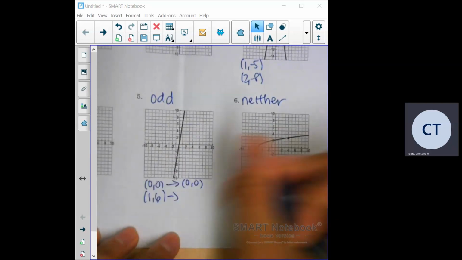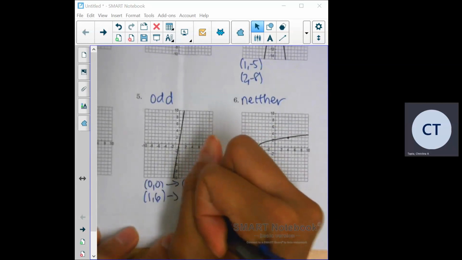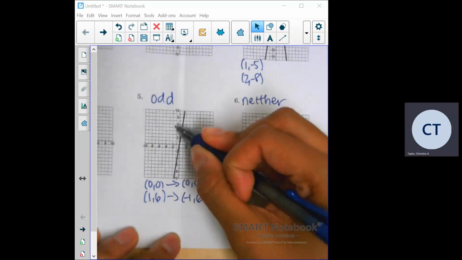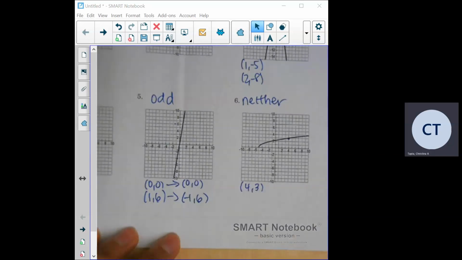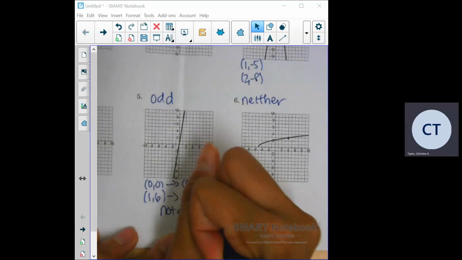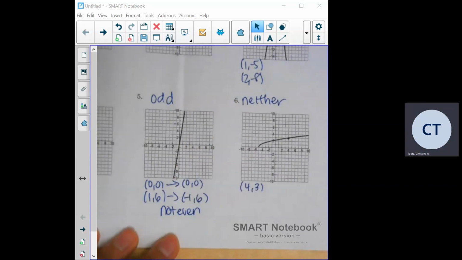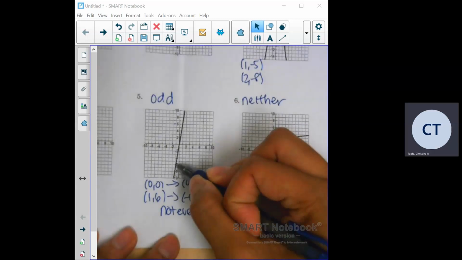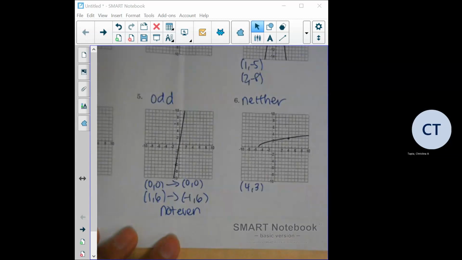But for even, this would be at -1, +6. That's all the way up here. So that's why that question wouldn't work, and that one's not even. For odd, though, when you make both of them negative, 0, 0 is going to be exactly the same, but -1, -6 is down here now. So that one would work. Is that okay?